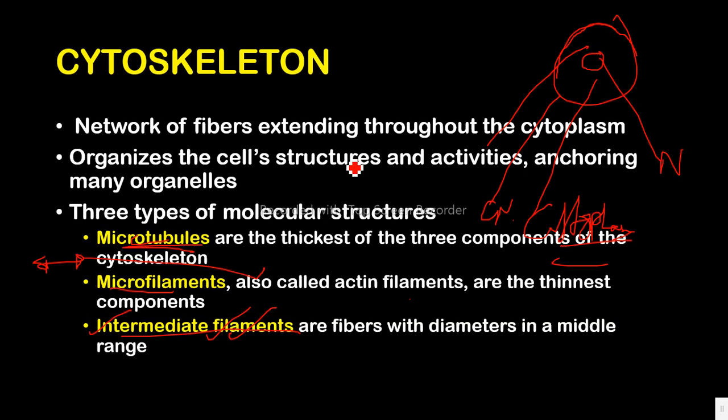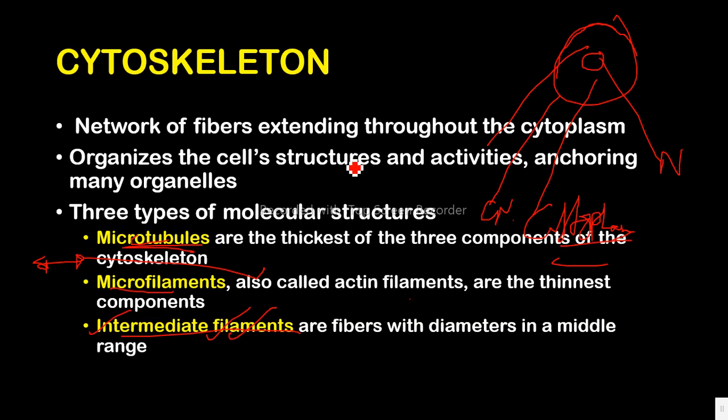Okay? We are going to see. Then you have the intermediate filaments. These ones now, they are not tiny, they are not small, they are not big. They are just in between the microtubules and the microfilaments. So all of these three, they constitute a cytoskeleton.